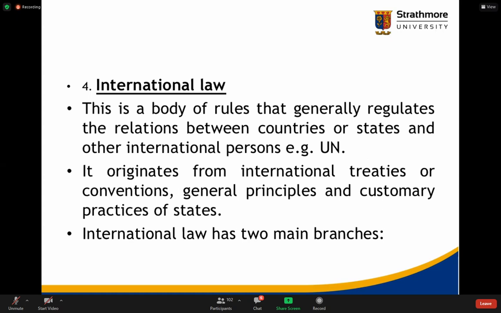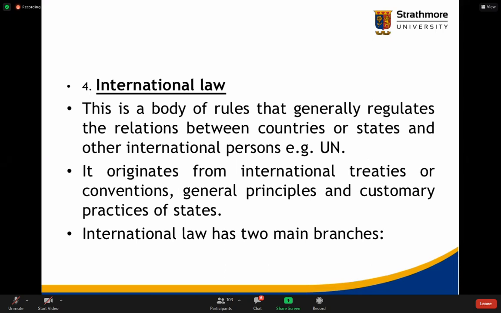International law is a body of rules that generally regulates the relations between countries or states and other international persons. It originates from international treaties or conventions, general principles, and customary practices of states.